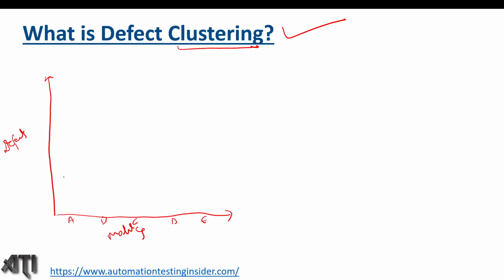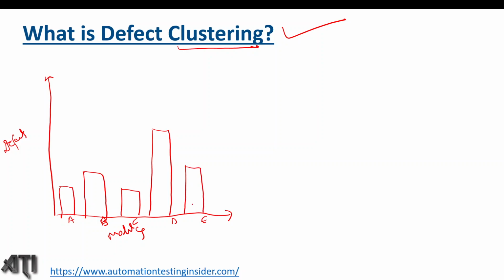Let's say we are getting a number of defects for module A, for module B, for module C, more defects in module D, and some defects for module E. You can see the defects vary from module to module, right?